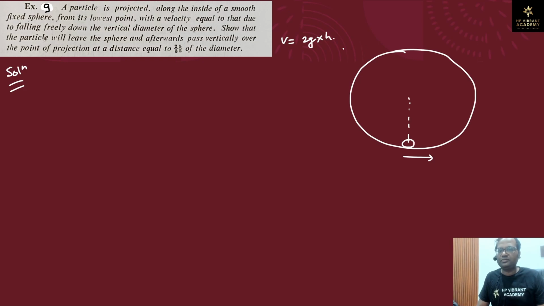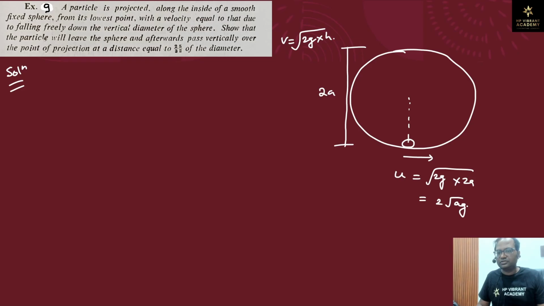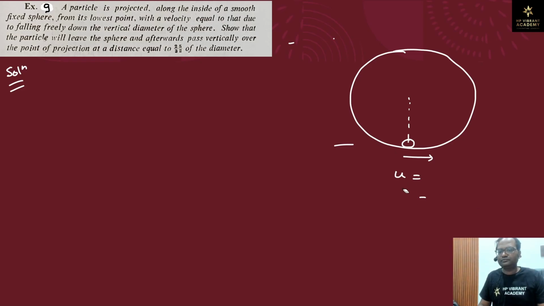This is the vertical diameter, so it is 2a. So the initial velocity is root under 2g into 2a, which is equal to 2 root under ag. Initial velocity u is 2 root under ag.